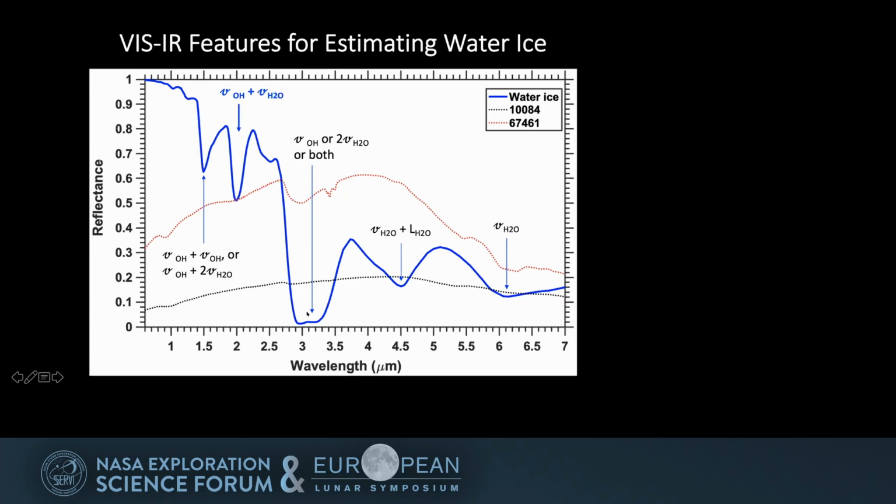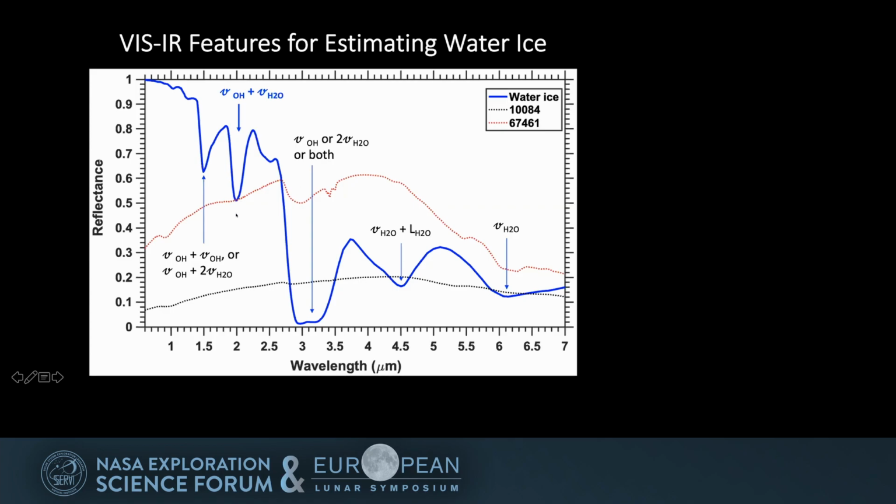The strongest is near the 3 micron, due to the fundamental stretching of OH and also the presence of molecular water overtones. Because this absorption can be caused by both hydroxyl and molecular water, it is very difficult and challenging to discriminate whether molecular water is present if you solely use the 3 micron band.